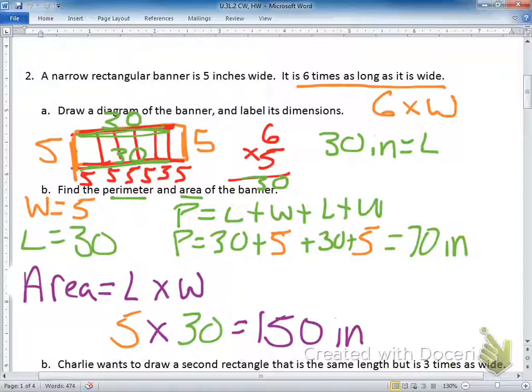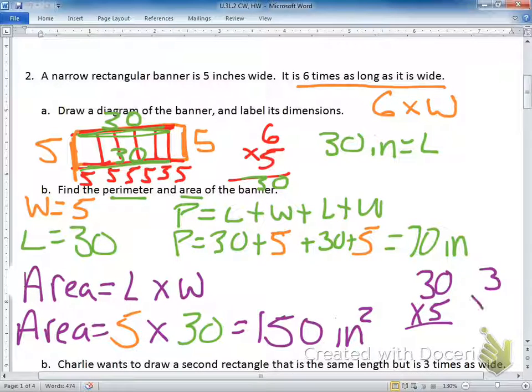And now for area, the unit is inches squared or squared inches. For squared inches, you can put inches with a little 2 above it, and that means squared inches. Now, don't forget, if you can't remember how to multiply 5 times 30, you can do 3 times 5, which gives you 15, and then add your 0.